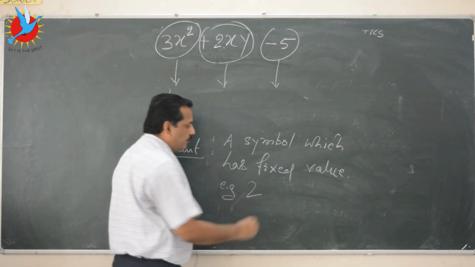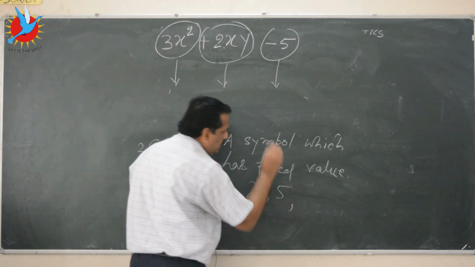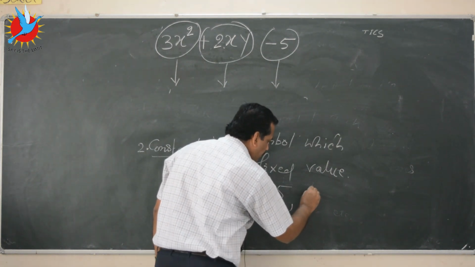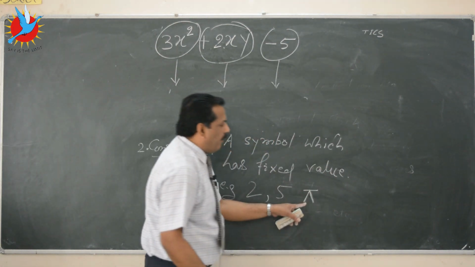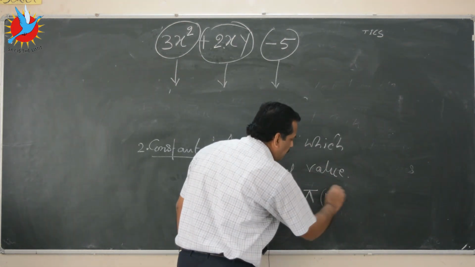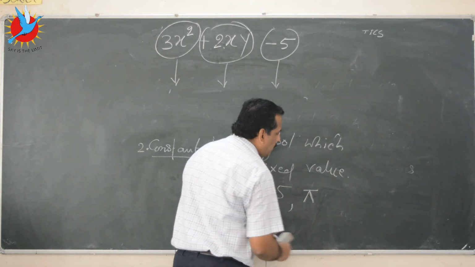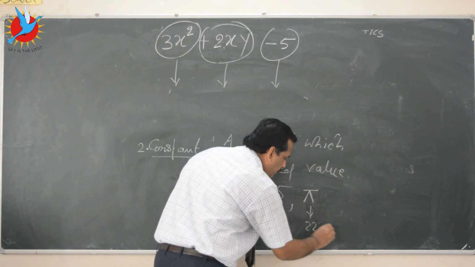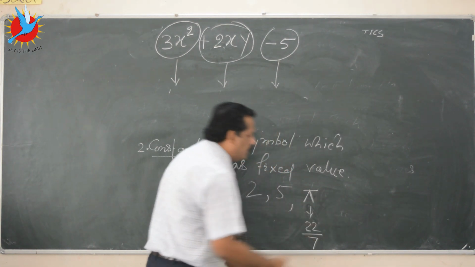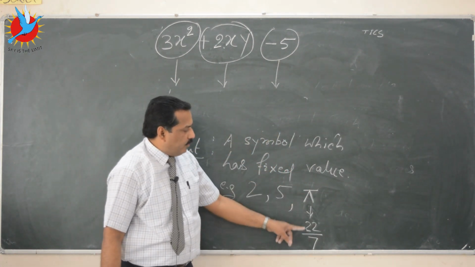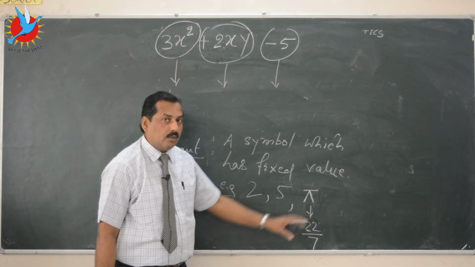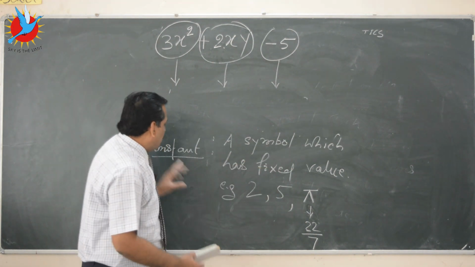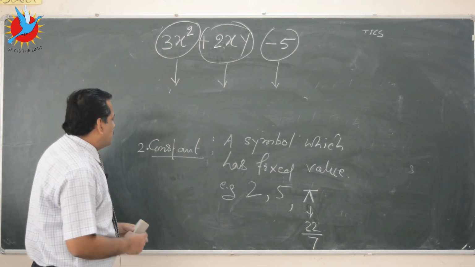It has a fixed value. 5 has a fixed value. What about pi? In mathematics, you are aware of this symbol. This is known as pi. And what is the value of this? This is 22 by 7. So wherever pi has been written, it is understood that its value is 22 by 7. So this is also a constant. So this symbol has a fixed value. So these are known as constants.